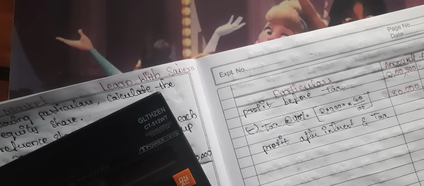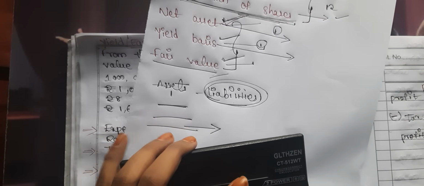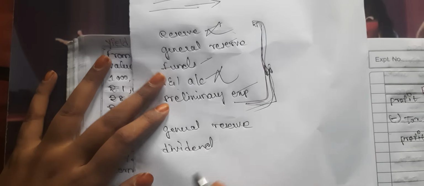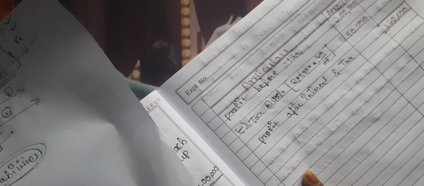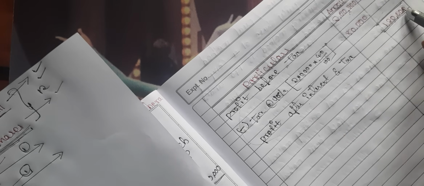After this, what are we going to do, students? One more thing here. If we have any general reserve, or any dividend, or any P&L amount, we need to take this here in the proforma after calculating the profit before tax and the profit after tax.